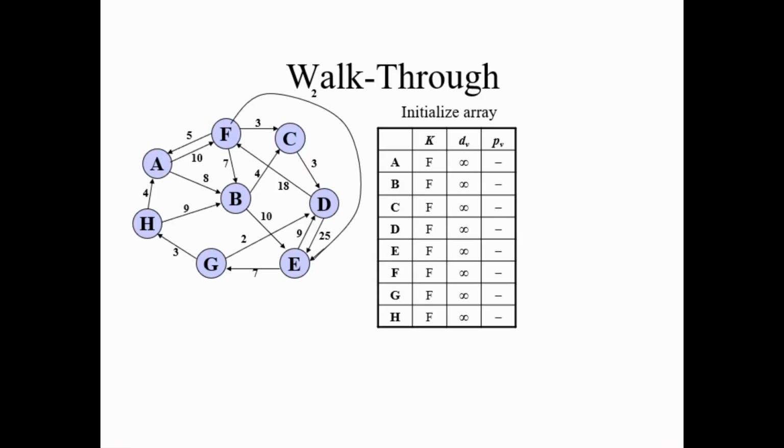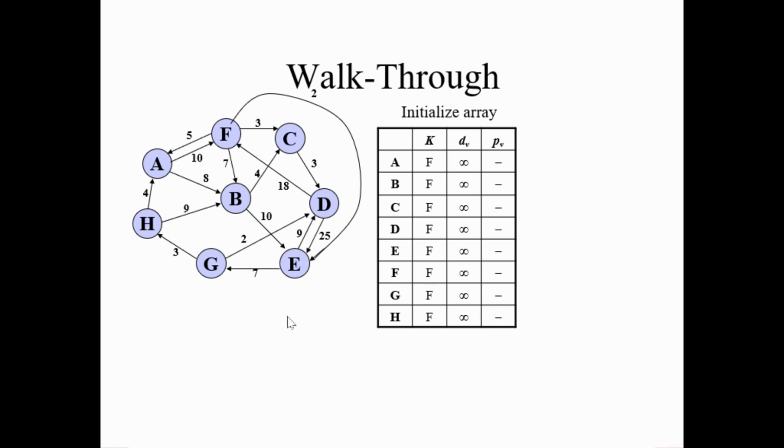So without further ado, let's do a quick walkthrough of how this algorithm works. As you can see, this is a directed graph that represents routes from a starting point to different destination points.